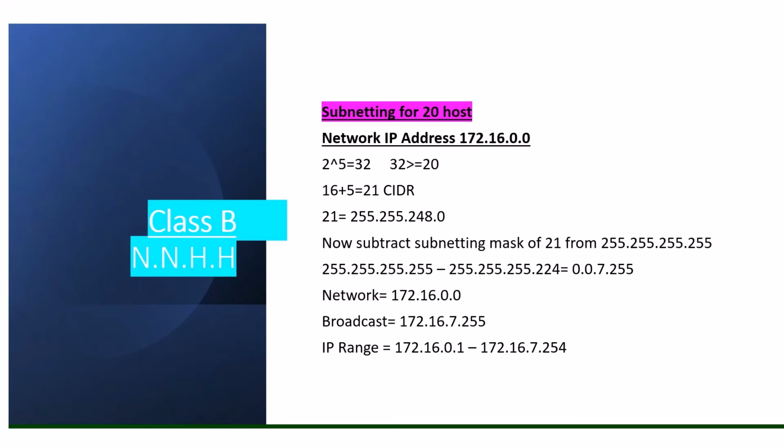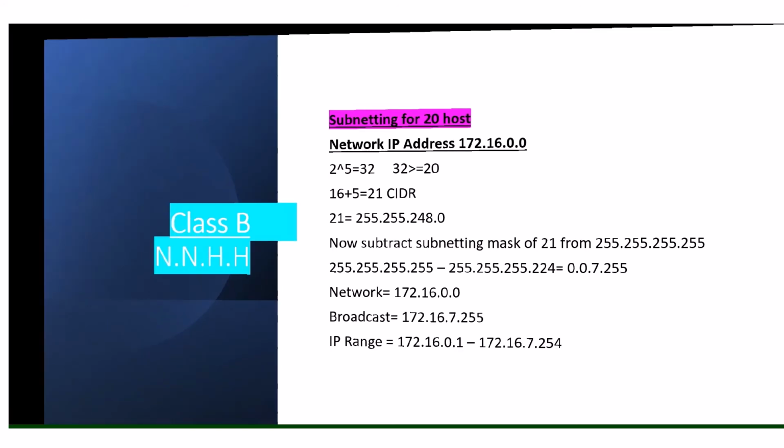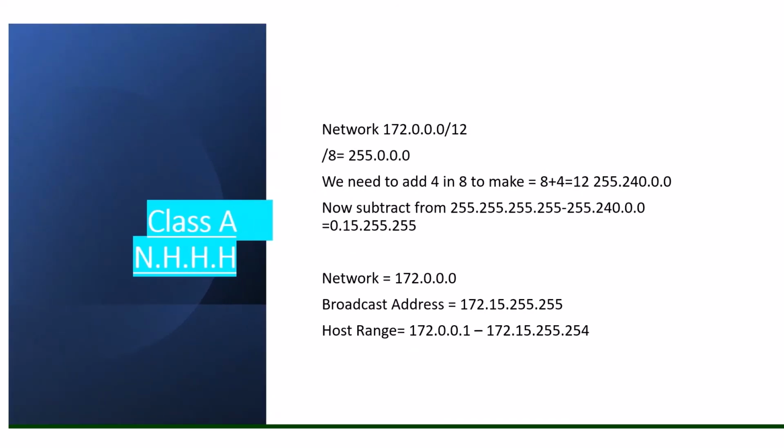And in the same way you can see it for 20 hosts in class B. You have to follow the same method and you can find the subnetting for every class. Just remember, in class C you use 24, class B 16, and class A 8. Otherwise you follow the same process I have done in this video.